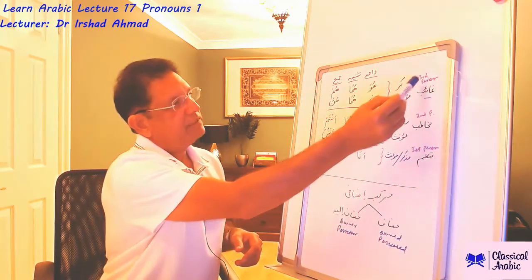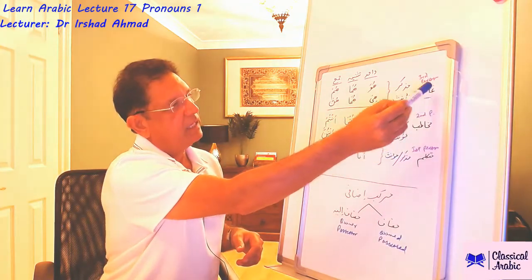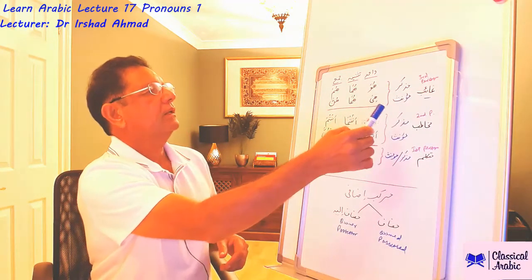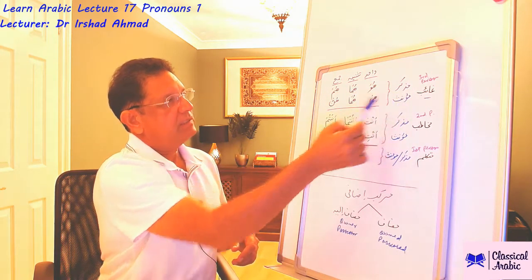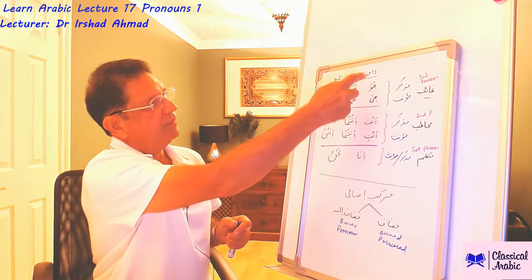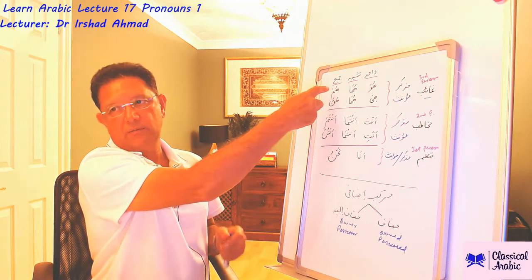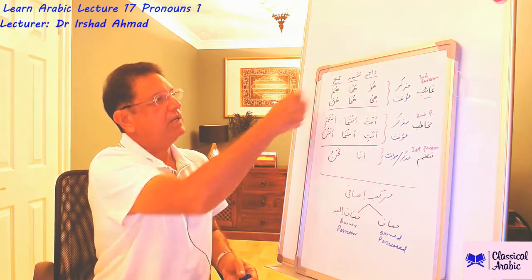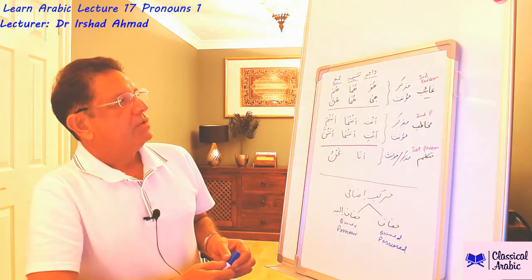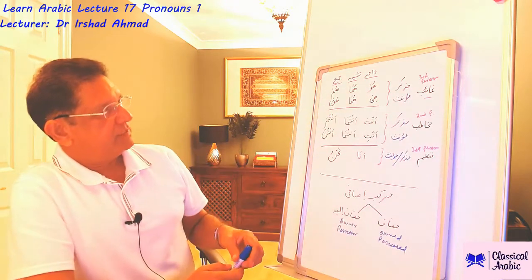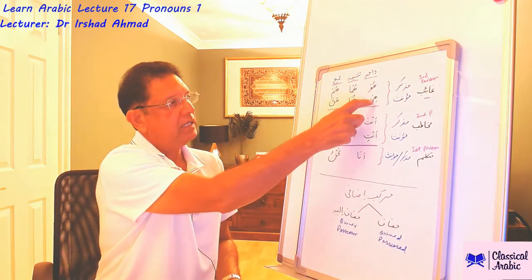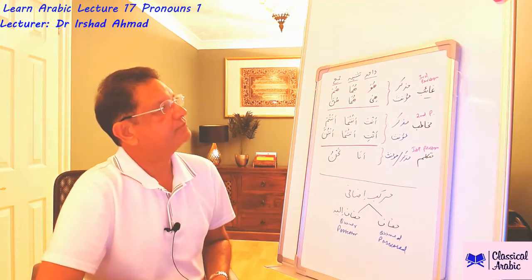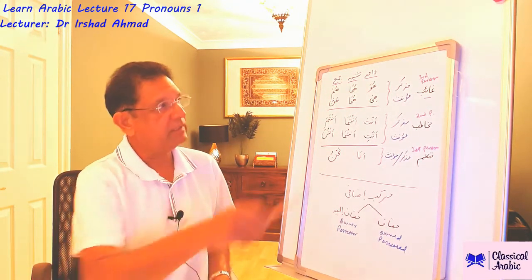So third person, which is the ghaib in Arabic, will be either muzakkar or muannas, and then we have wahid, tasniya and jama, singular, dual and plural. So if we start from third person, we will say huwa, which is he, and hiya, which is she, equivalent in English.